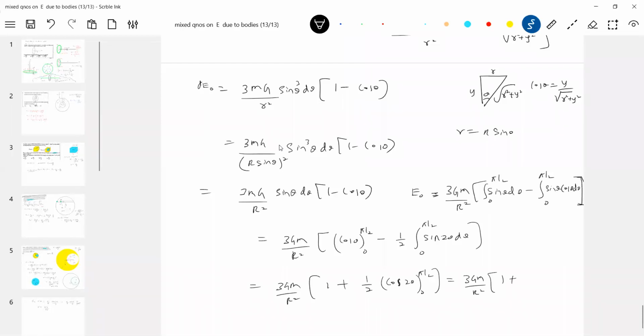Anybody, value of this? Cos 2 theta, cos pi is minus 1. Integral of sine theta is minus cos theta. So this will be sine 2 pi. So cos pi will be minus 1.